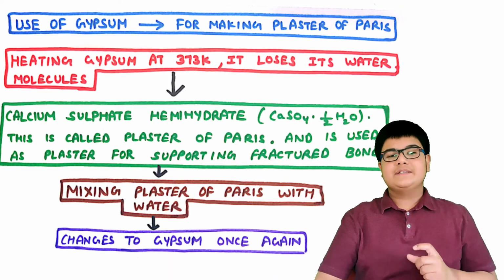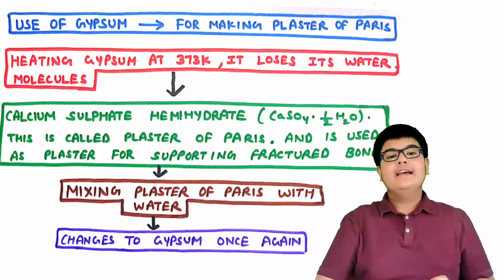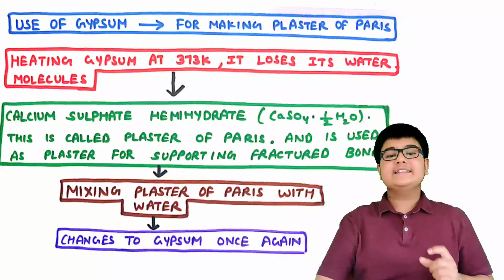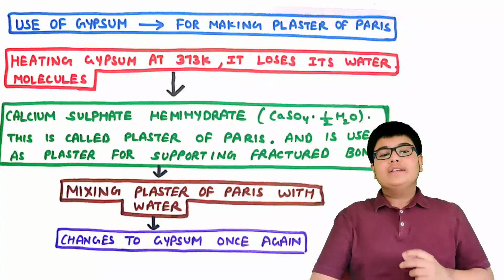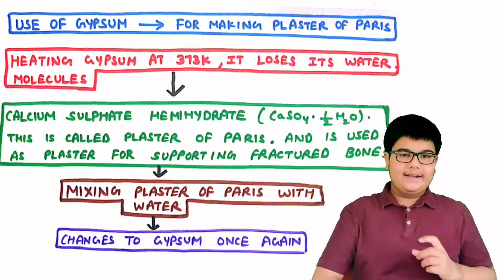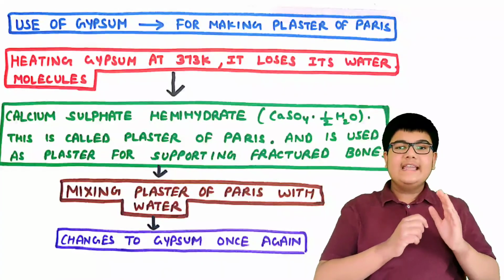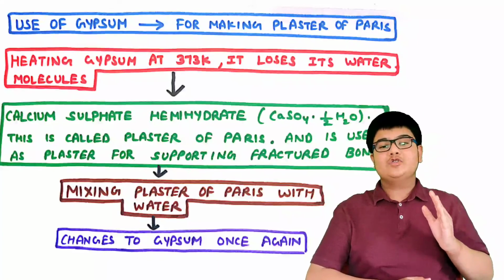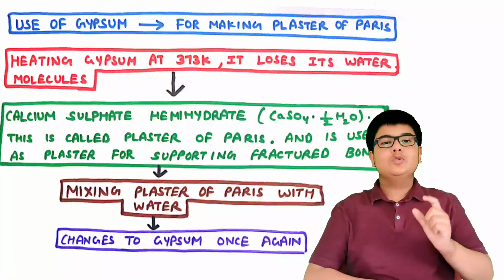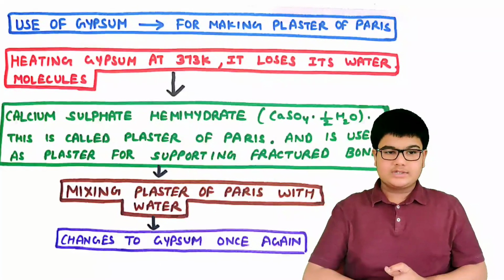When we heat gypsum at 373 Kelvin, then it loses its water molecules and it gets converted into calcium sulfate hemihydrate. So from CaSO4.2H2O, it gets converted into CaSO4.½H2O. So it loses 1.5 water molecules.